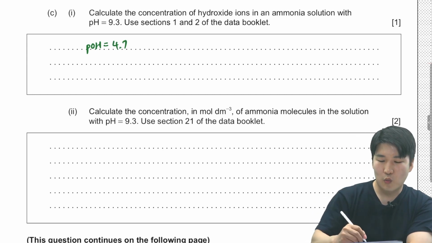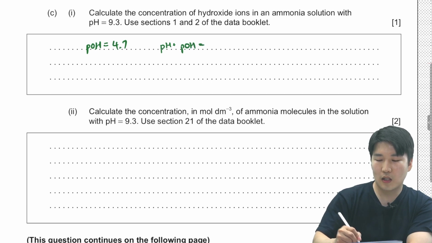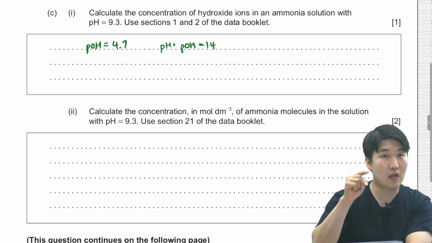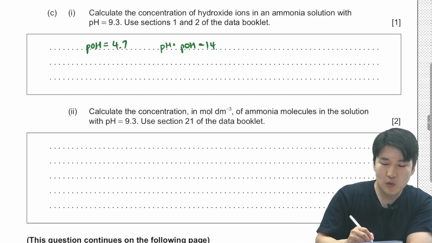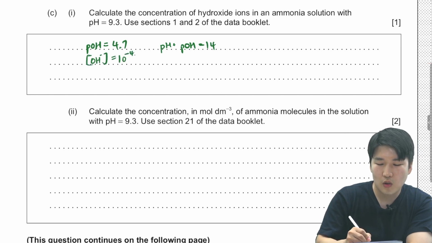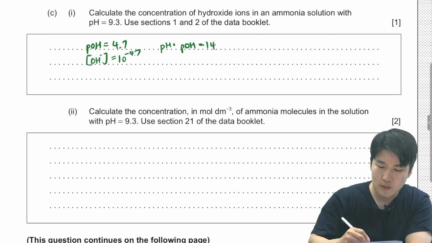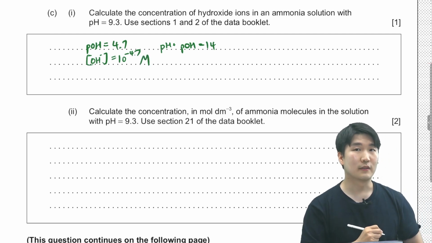How do we know that? Well, we know pH plus pOH equals to 14 from the ionic product of water. pOH equals 4.7 means OH minus concentration equals to 10 to minus 4.7 mole per dm cube.